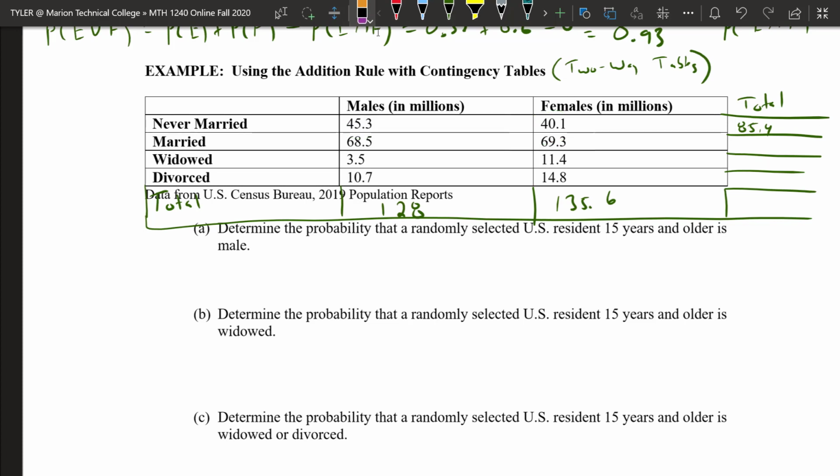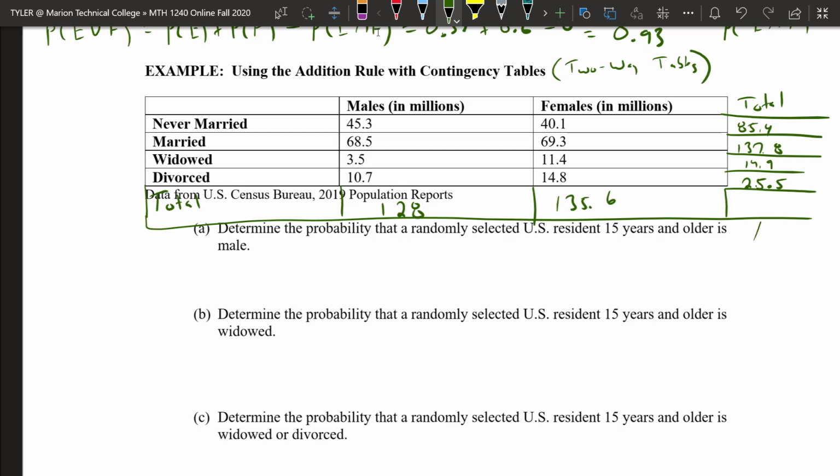I'll do that for all the rows, adding the male and female numbers together for each of the marital statuses. For married, I get 137.8. For widowed, I get 14.9. For divorced, I get 25.5 million.